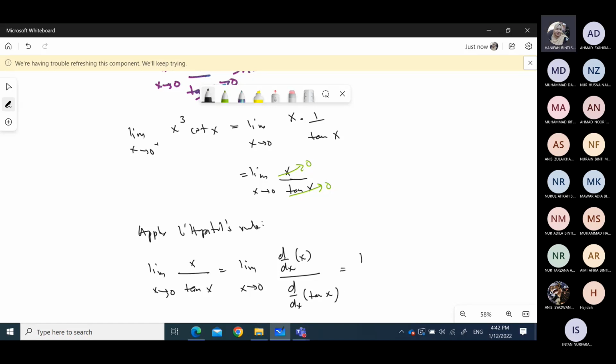So it is also equivalent with limit x approaches 0. Derivative with respect to x on x, we have 1 over the derivative of tangent x. We differentiate with respect to x on tangent x, kita akan dapat secant square x. Okay. Okay, so now we have 1 over secant square x, where x is approaching to 0.